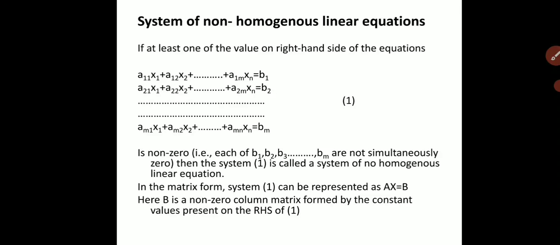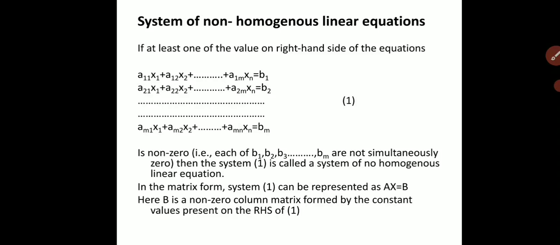X is the column matrix of unknowns x1, x2 etc. up to xn, and B is the column matrix of the right hand sides, m by 1, b1, b2, b3 etc. up to bm. We saw this in the 16th session, how to express a system of equations in matrix form.